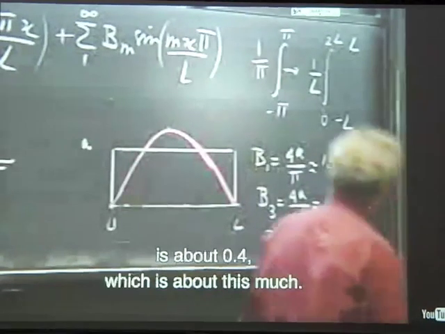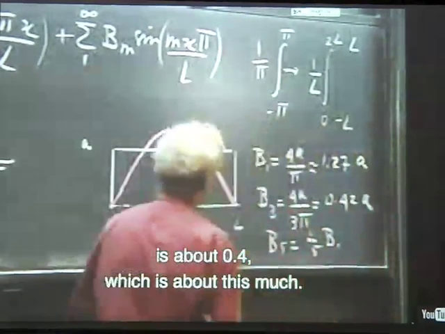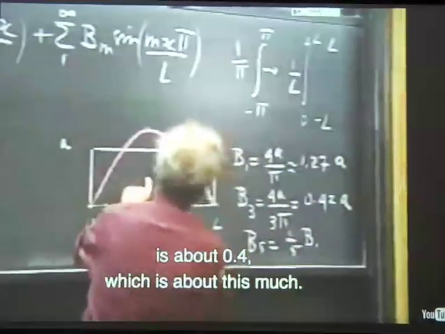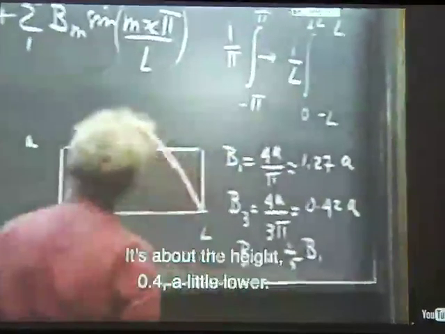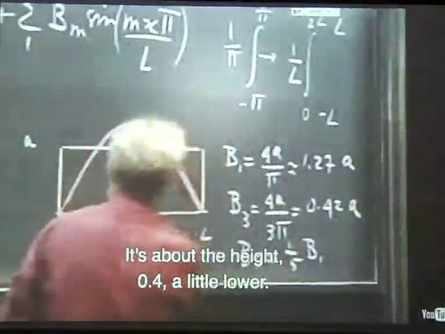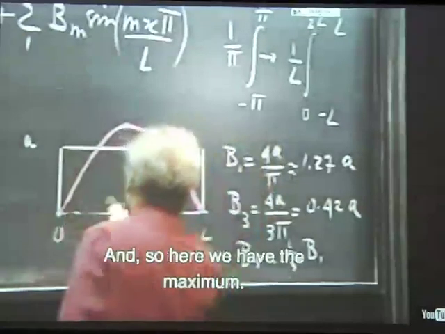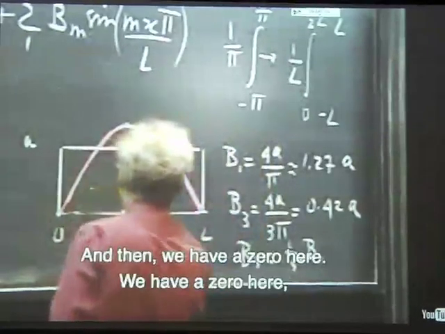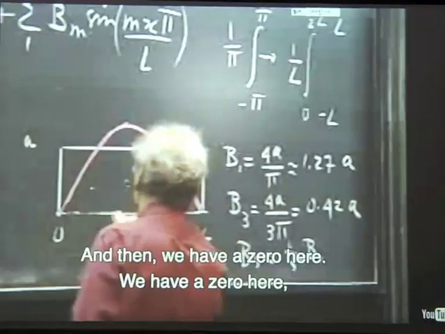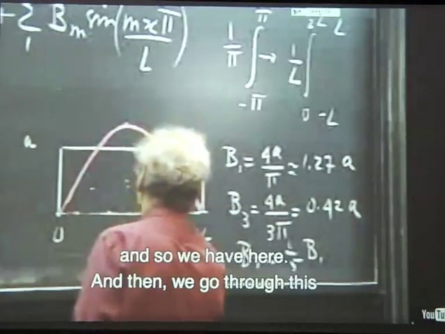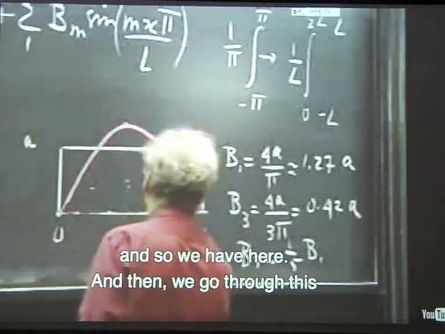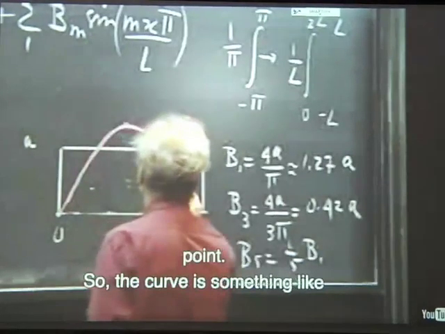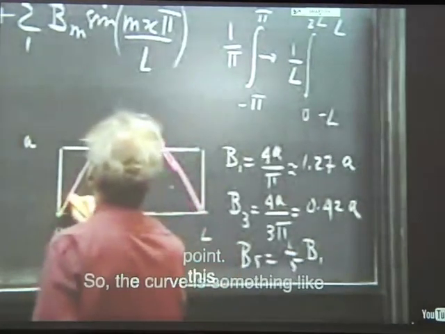So B3 has an amplitude which is about 0.4, which is about this much. It's about the height, 0.4, a little lower. And so here we have the maximum, and then we have a 0 here, we have a 0 here, and so we have here, and then we go to this point. So the curve is something like this.